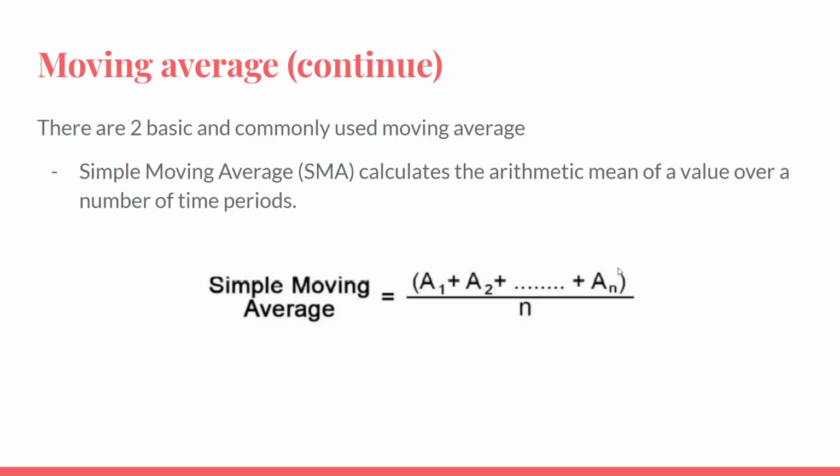And there are two basic and commonly used moving averages. First is the simple moving average, which calculates the arithmetic mean of a value over a number of time periods, as shown before.